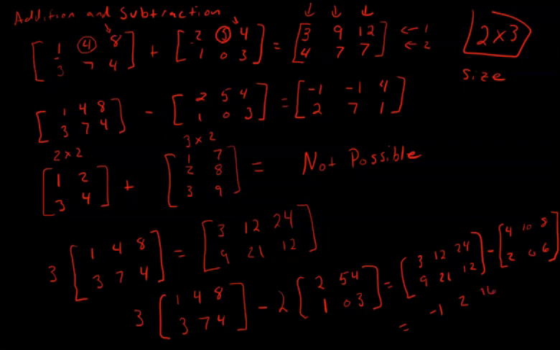Then we have 9 minus 2, which is 7. 21, 6. And that is our matrix.